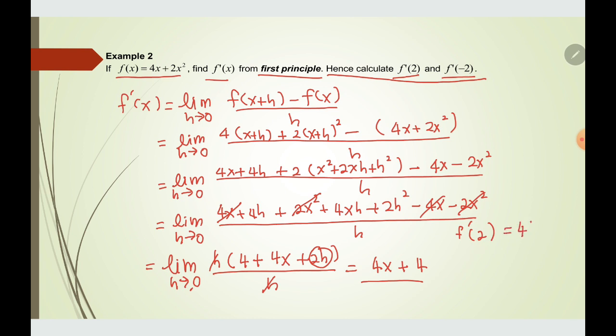When you substitute 2, you will get 8 plus 4, which is 12. For f prime negative 2, 4 times negative 2 plus 4, you will get negative 8 plus 4, so you get negative 4. So this is the last answer.